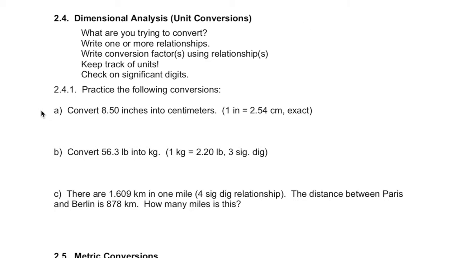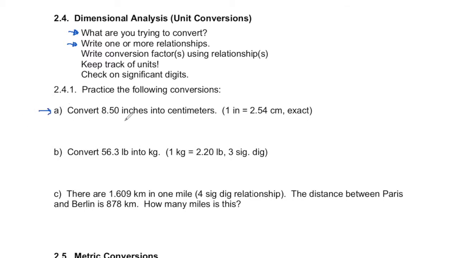These particular examples are pretty straightforward, but some problems have a lot of different numbers in them, and you should figure out which one you're trying to convert and which numbers have to do with the relationship. So some of the numbers in the problems can be telling you the relationship, and some of them can be telling you the amount that you have that you're trying to convert.